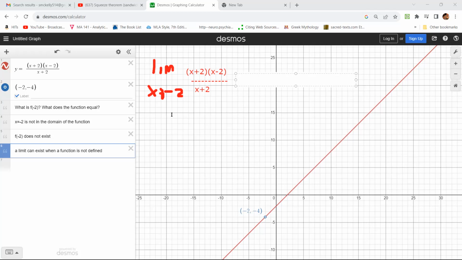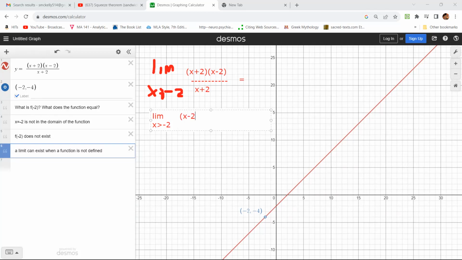The limit as x approaches -2, I can cancel these factors and write x minus 2.